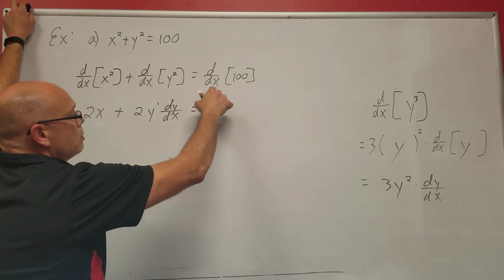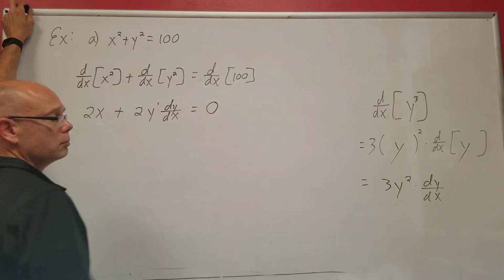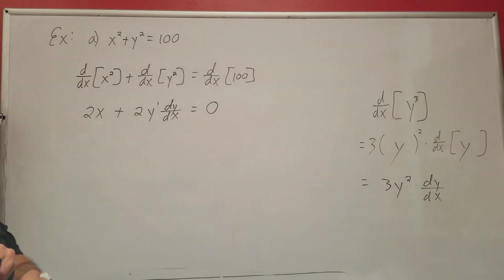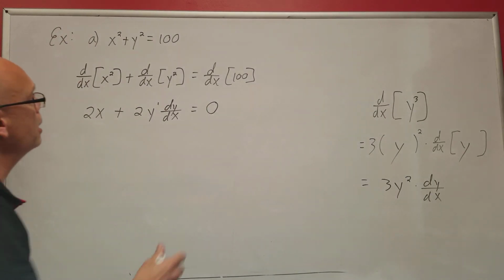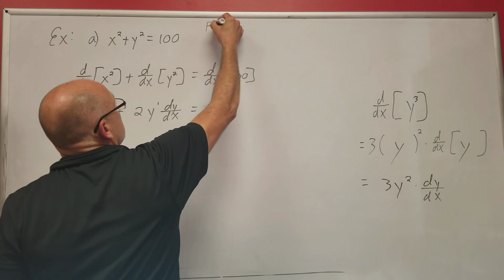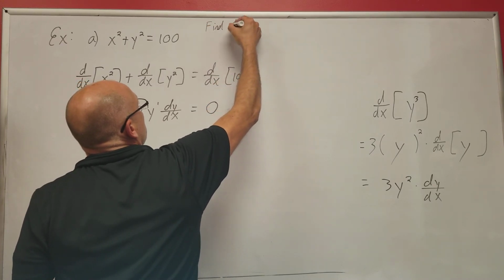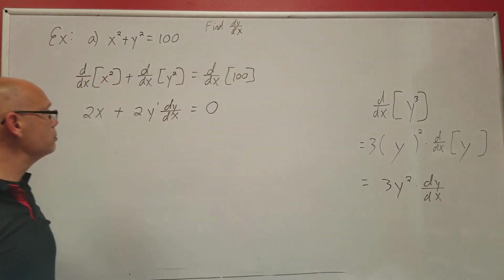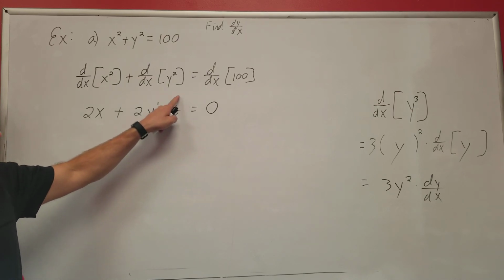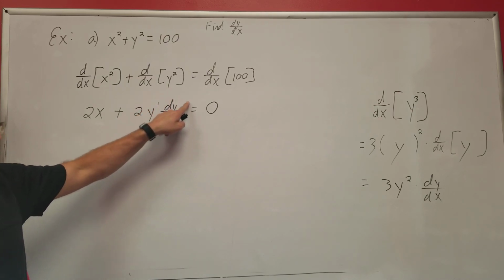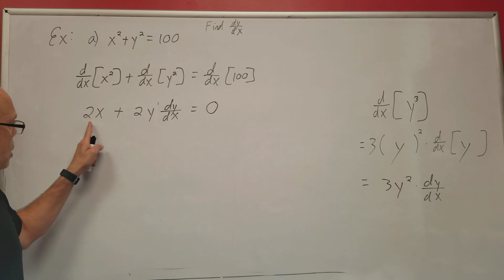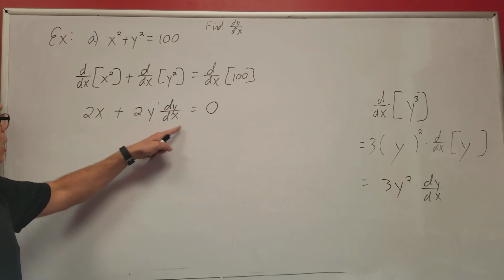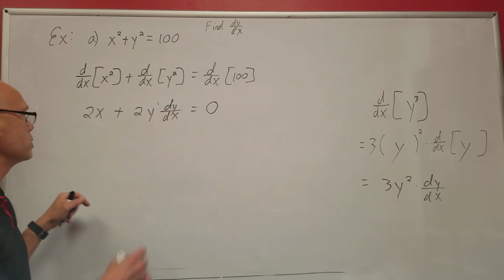It's equal to, what's the derivative of a constant? 0. Now, what did our directions say? They said to find dy over dx, right? So I'm going to solve for dy over dx right here. I'm going to isolate it. So solve it just like you would an equation now. Subtract 2x from both sides.